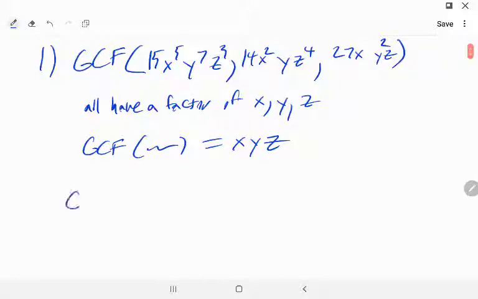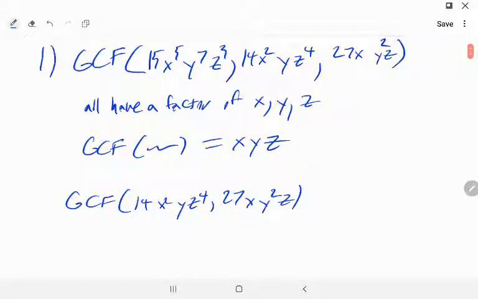If we looked at the GCF of just the second and third, 14x squared y z to the 4th and 27xy squared z... actually, if we looked at the first and third, that's more interesting.